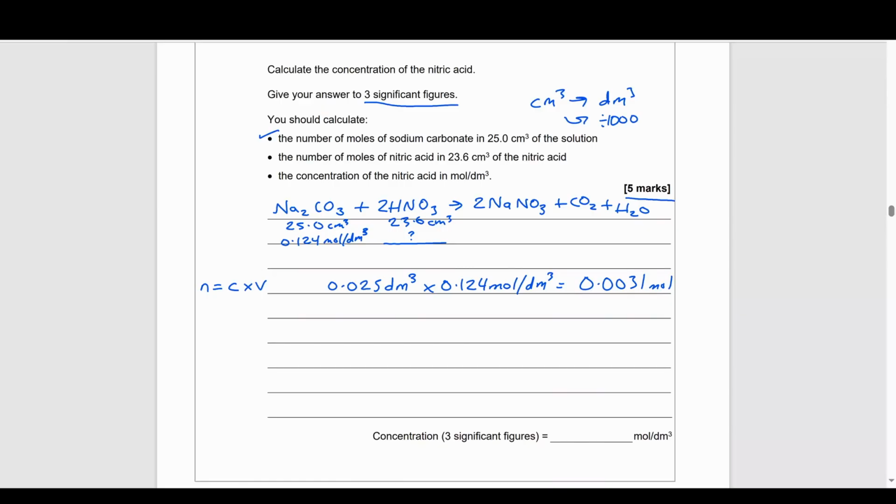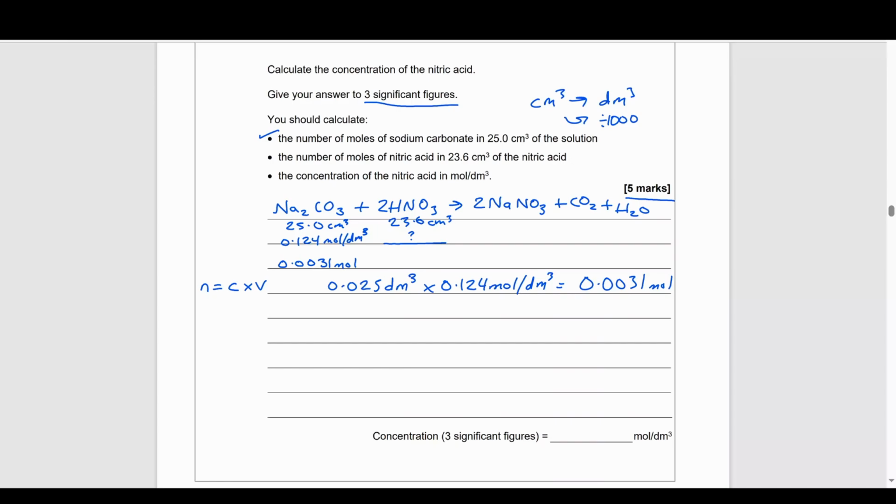Now, for us to find the number of moles of nitric acid, which is the next thing that we're going to do, we need to find the ratio of number of moles of sodium carbonate to nitric acid. For us to do that, we are going to be looking for the numbers in front of our reactants. So in front of sodium carbonate, there is no number. So that means that we have 1 mole. And that 1 mole is 0.0031.